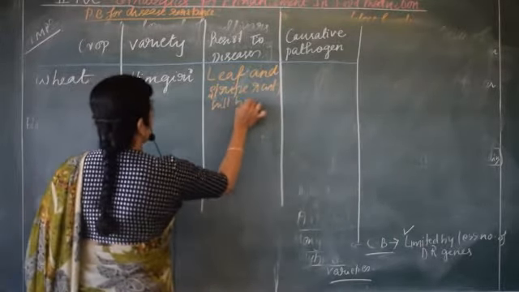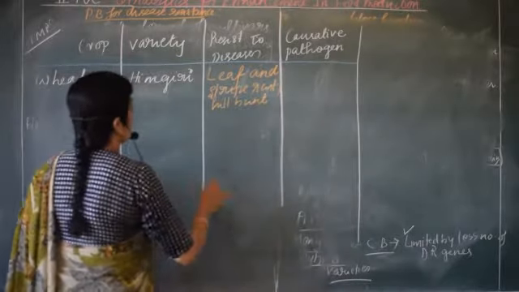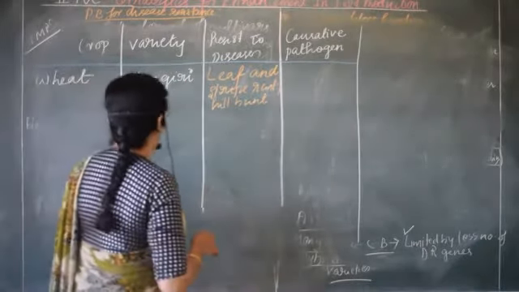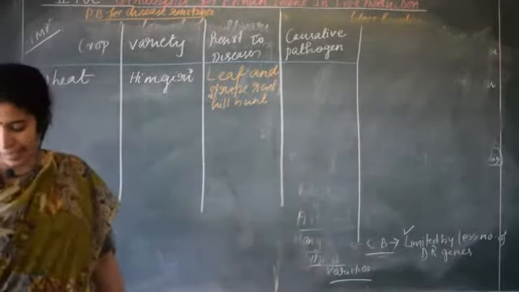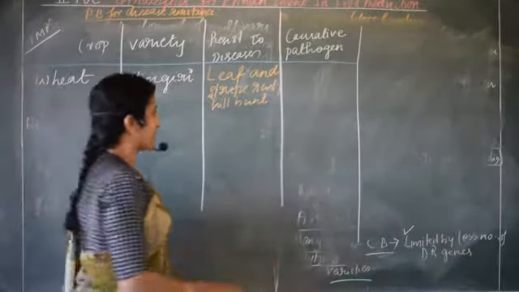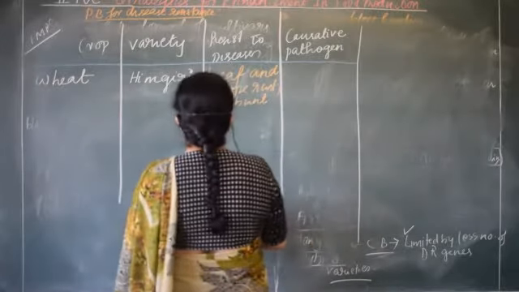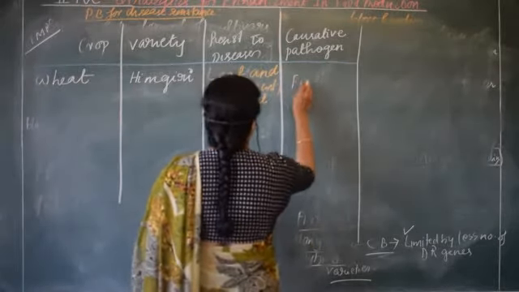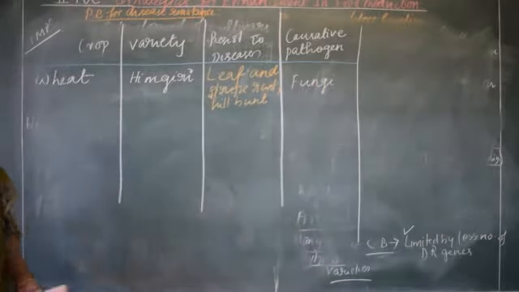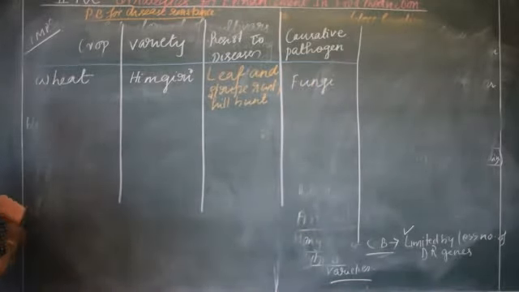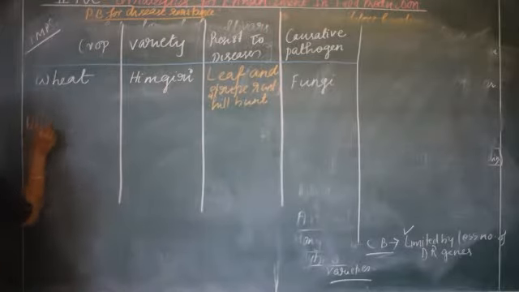So these diseases cannot attack this Himgiri variety of wheat. What is the causative pathogen for this? Is it a bacteria, a fungus, or a virus? It is a fungal pathogen. So the causative pathogen is fungus. Next crop name is Brassica.